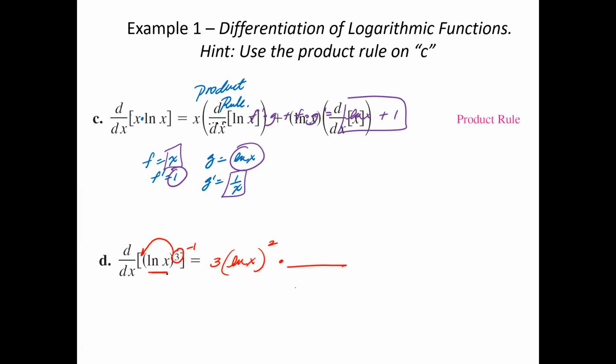And what is the derivative of ln x? It's 1 over x. So afterwards, you just have to make this look a little bit better. So you have 3 times 1 over x times ln x squared. And that is your answer. And really what you can do is just move that 3 up. So it's 3 over x.